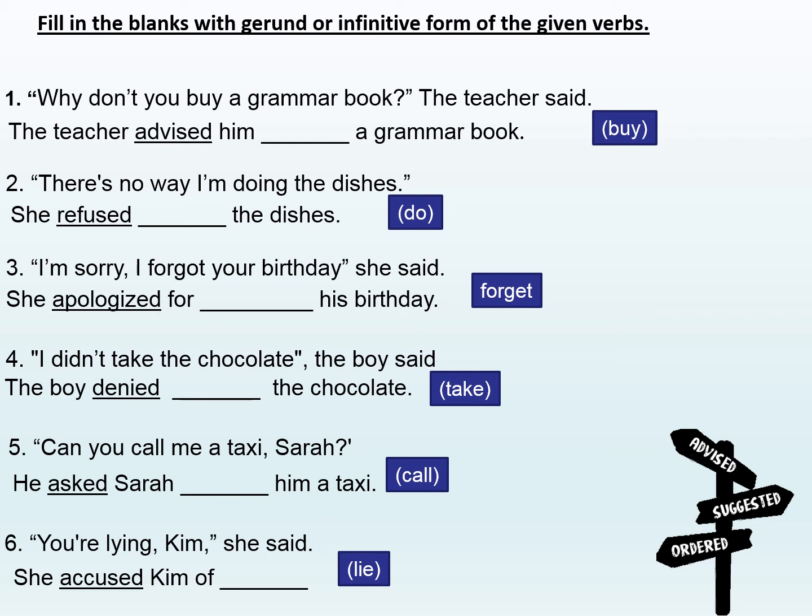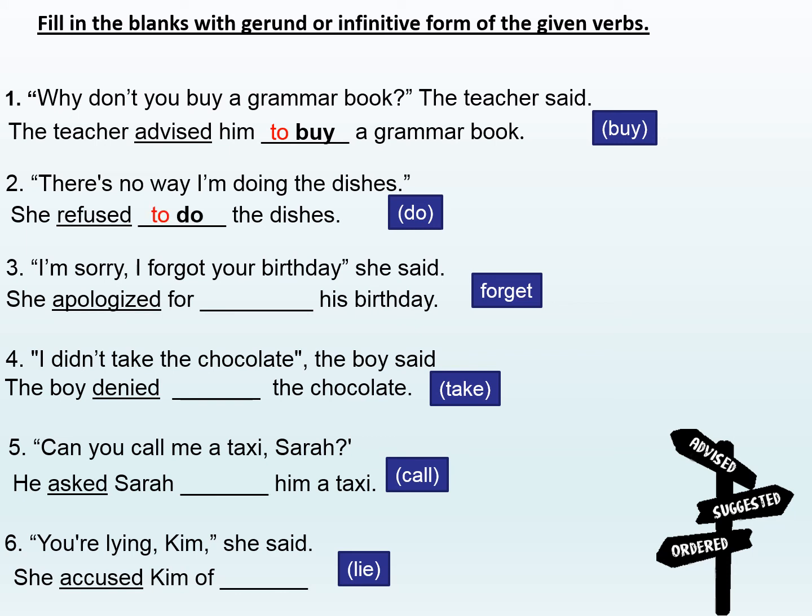The teacher advised the student, to buy or buying a grammar book. Of course, to buy a grammar book. Look at the second one. There is no way I'm doing the dishes. So, to do or doing? Good. She refused to do the dishes.